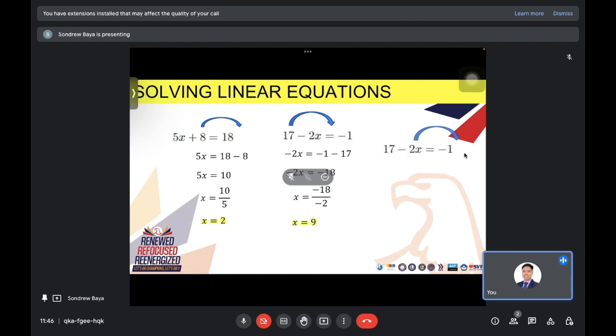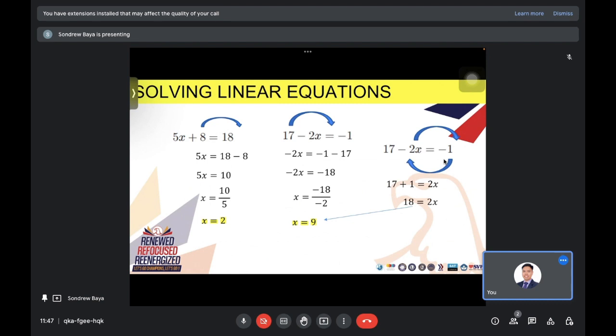When you transfer it to the other side, it will be accompanied by the negative 1. So to further isolate the 2x, we can also transfer negative 1 to the other side ahead of time, because we want 2x to be alone on the right side. So negative 1 should be transferred to the left side. Thus we get 17 and negative 1 becomes plus 1, equal to 2x. Simplifying further, we now have 18 equal to 2x, and this will just give you x equal to 9.